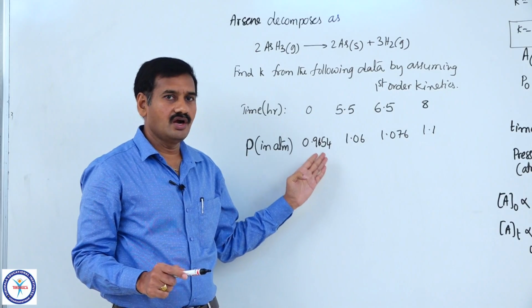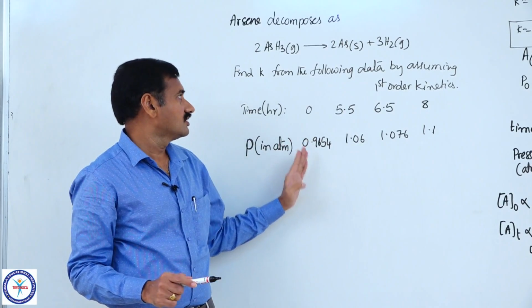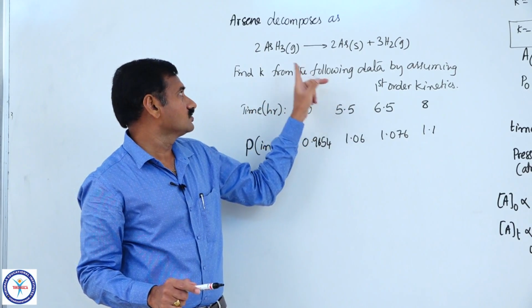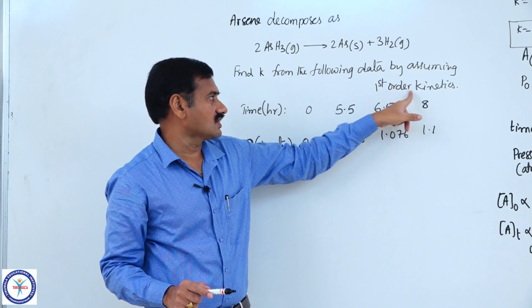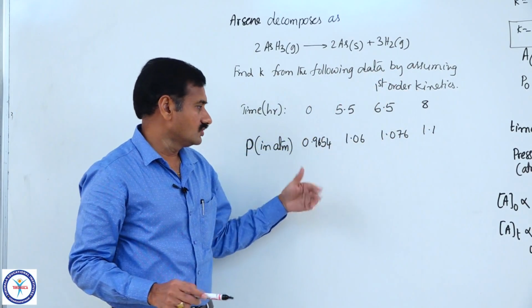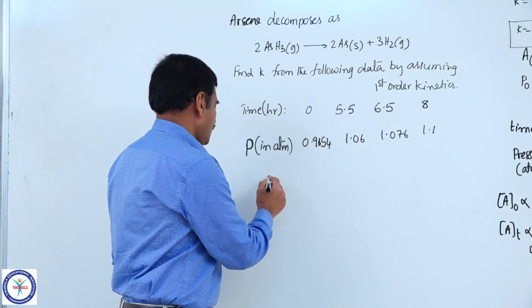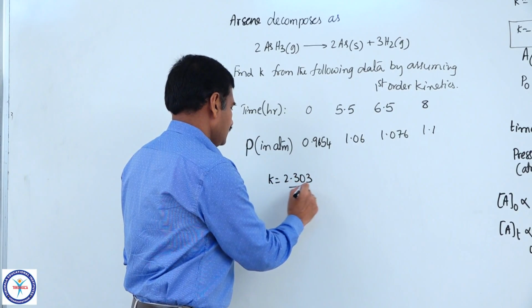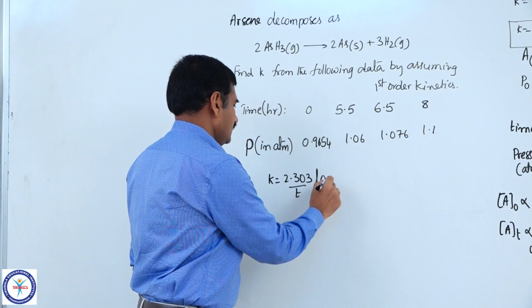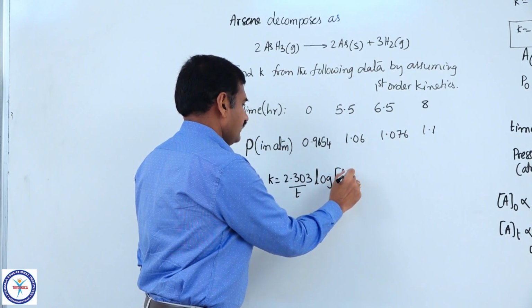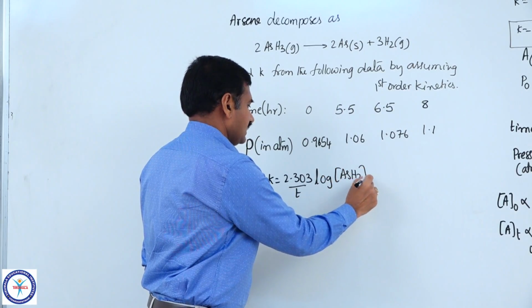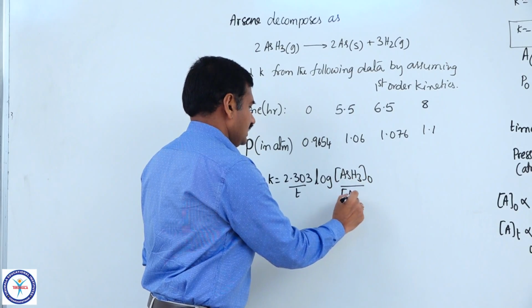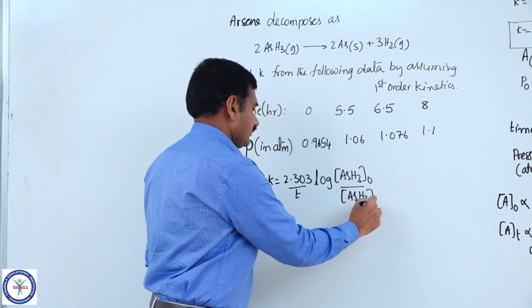Using this data, you have to find out the value of K if the dissociation of arsine follows first order kinetics. So, you take the equation of K equal to 2.303 by t into log initial concentration of arsine AsH3 at time 0 divided by AsH3 at time t.